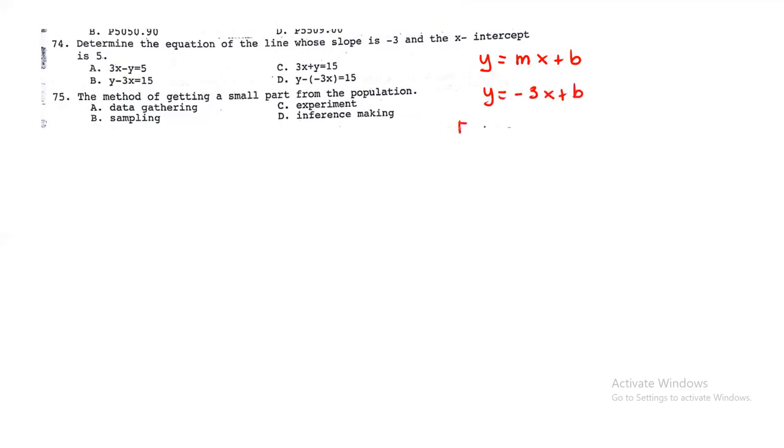For the x-intercept, we replace y with 0. So x is equals to 5, y is equals to 0, for the x-intercept, plus b to get the value of b.